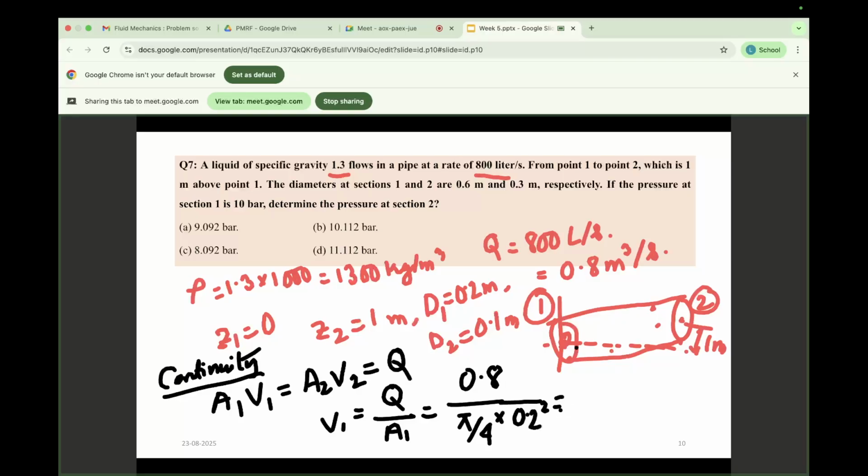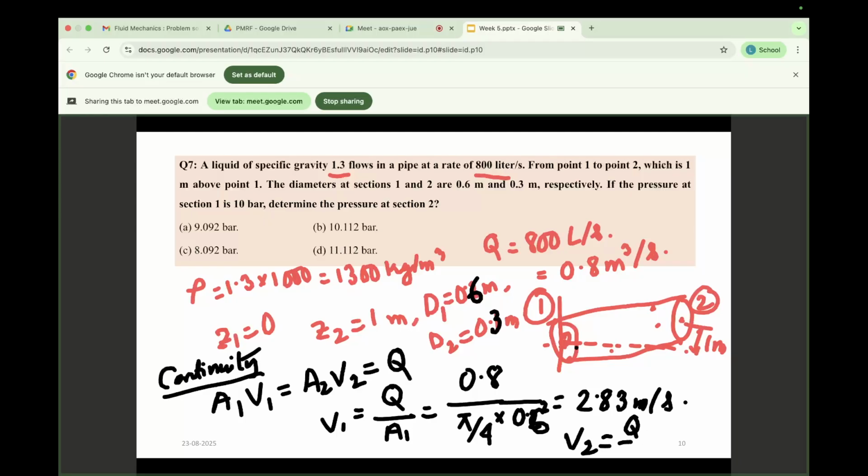So it's 0.6, not 0.2. 0.6 and 0.3. So it's a 0.6. So you will get this value, right? That is this one. Similarly, you can find out V2.